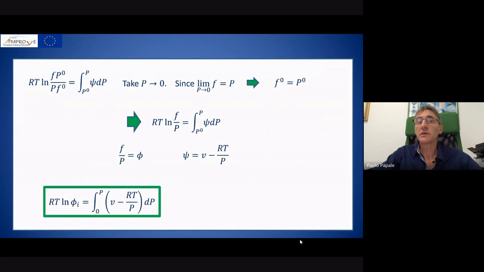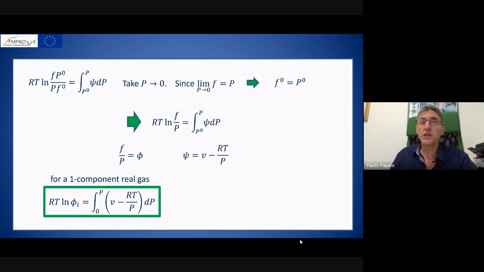Once we know that, we can compute the integral of the difference between real and ideal behavior along the whole path from 0 to system pressure at constant temperature equal to system temperature, and that operation gives us the fugacity coefficient.